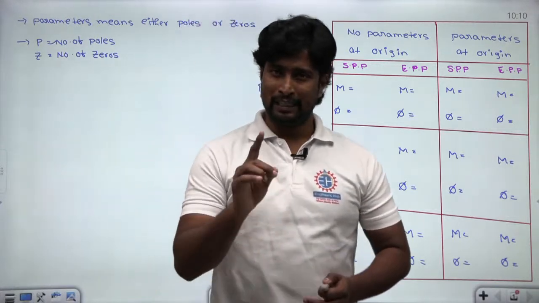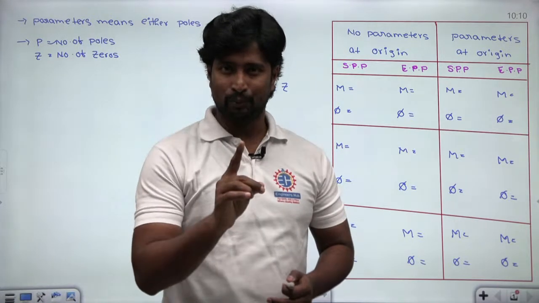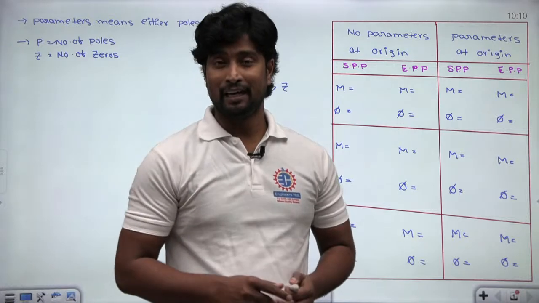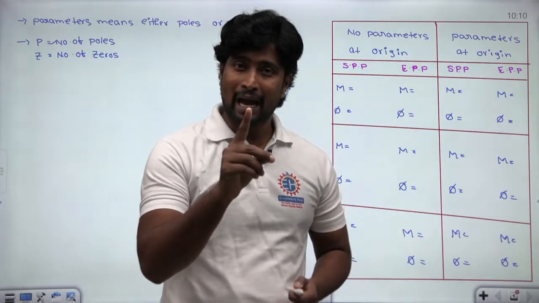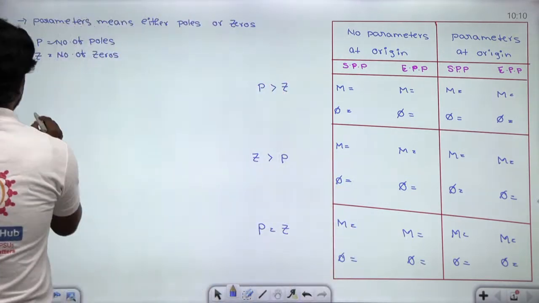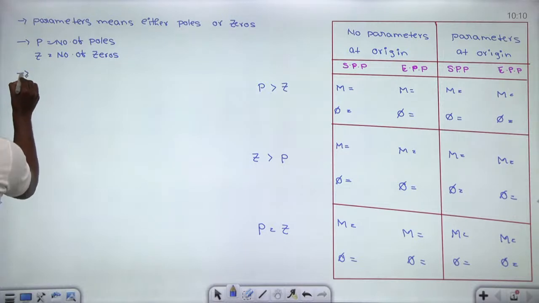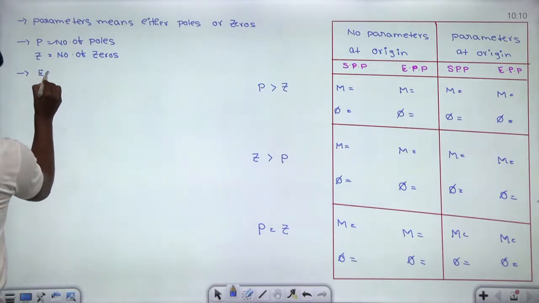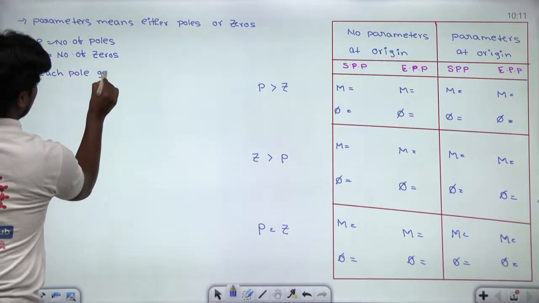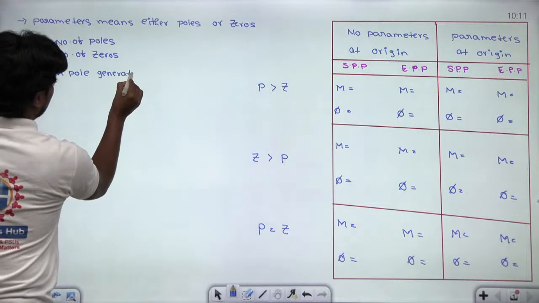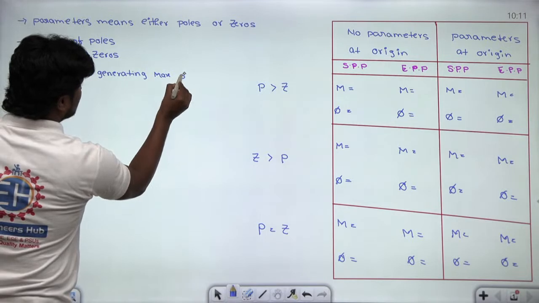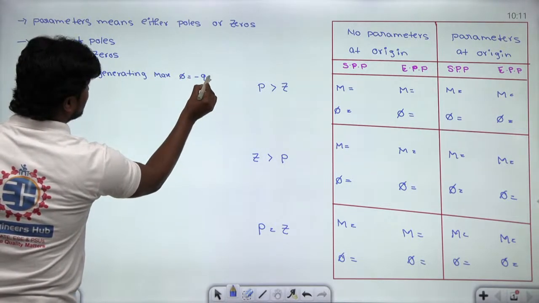Guys, carefully listen. Each pole generates maximum phase equal to how much? Minus 90. And each zero generates maximum phase equal to how much? Plus 90. So remember carefully, each pole generating maximum phase equals minus 90.